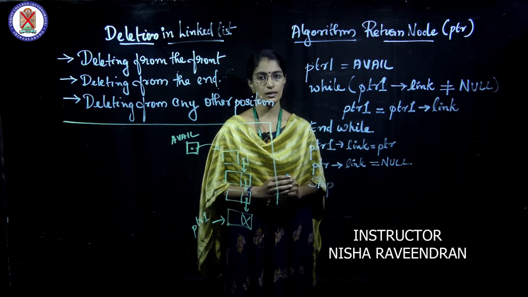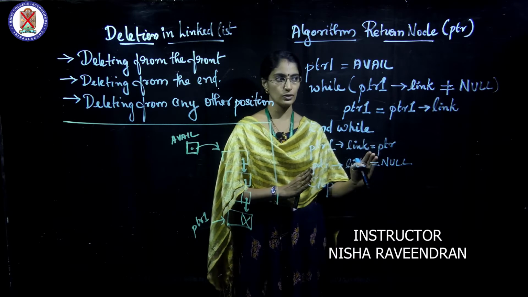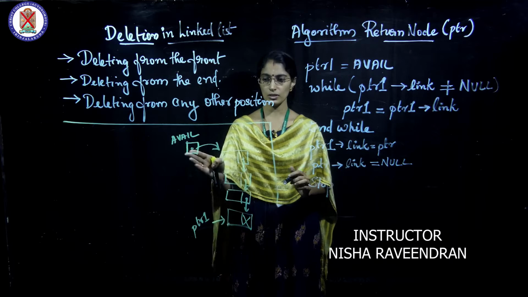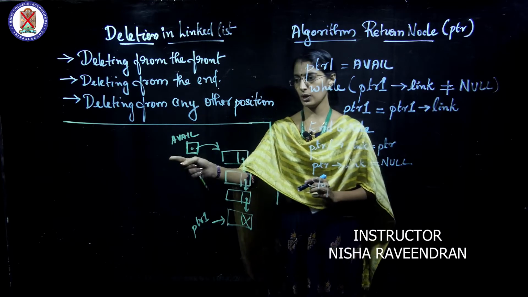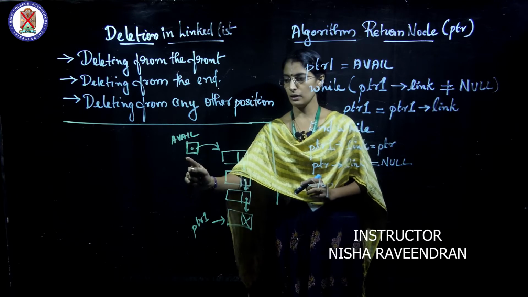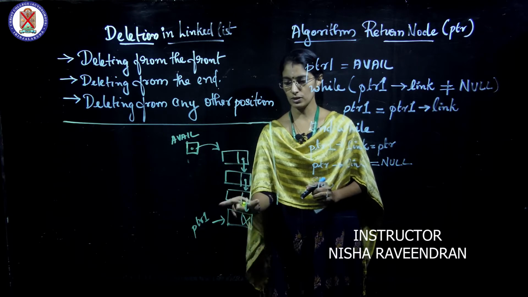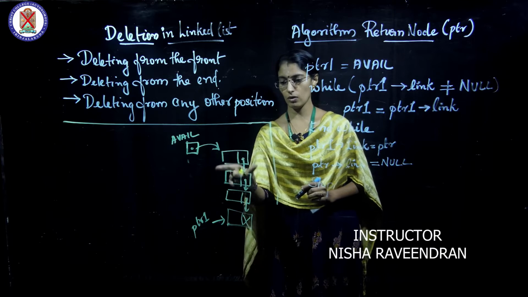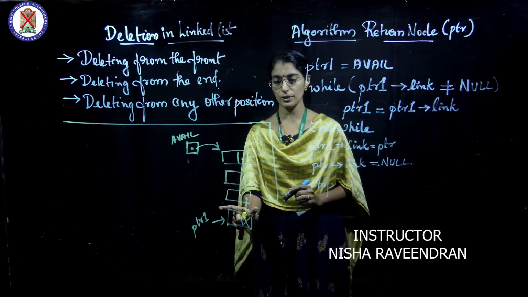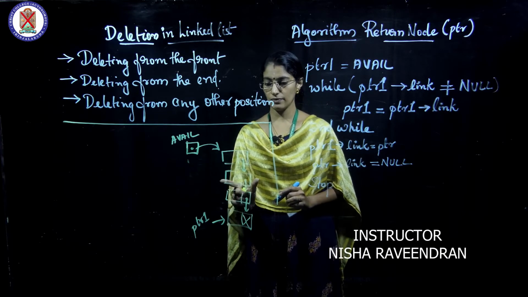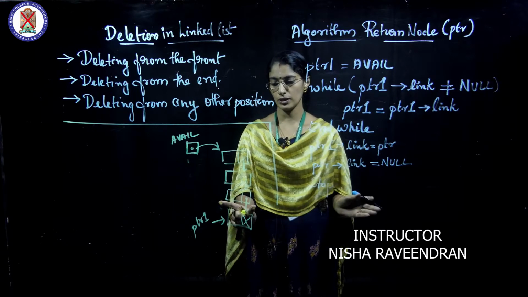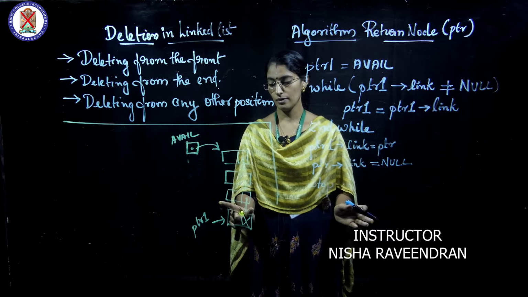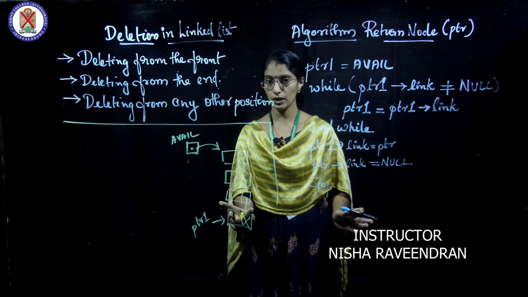Now let's look at the algorithm. Before going to the algorithm, what is in this figure has been shown in the previous videos. You have an avail pointer here. Avail pointer points to the memory pool of storage, and these are all empty nodes which are already present in the memory, and we use these nodes for linked lists by using the get node algorithm.